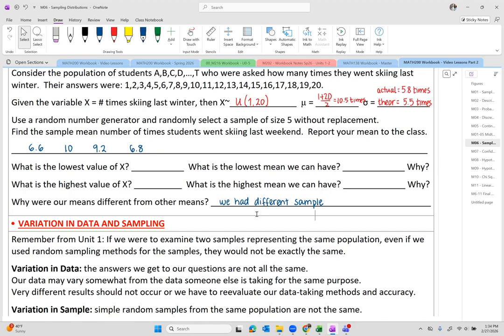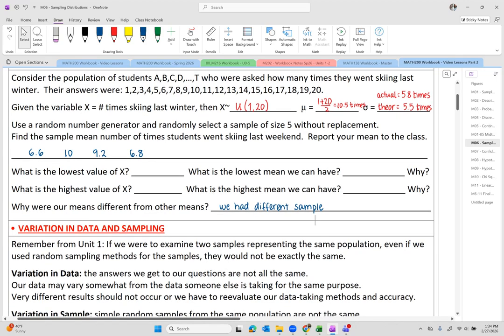Now, another thing that we want to observe is that the lowest value of x is 1 and the highest is 20, but the lowest value for the mean is not 1. Because to get the lowest value for the mean, you have to have randomly selected the lowest 5 values in your set, and the mean of those would be 3.